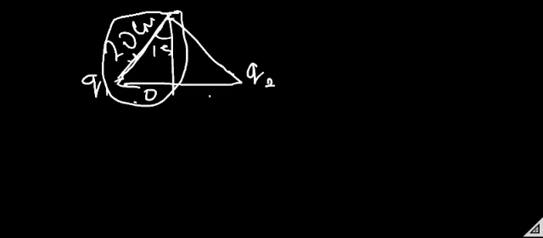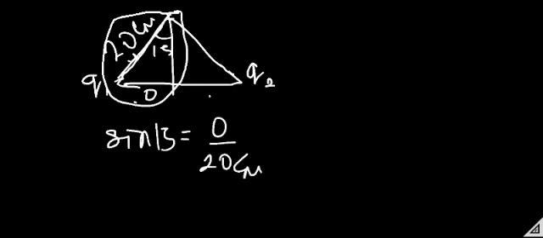The relationship between the opposite and the hypotenuse is sine theta, right? That means sine 15 is equal to opposite over 20 cm. And the opposite is what we are looking for, because that is where the distance between the charges is located. So opposite becomes 20 times sine 15.